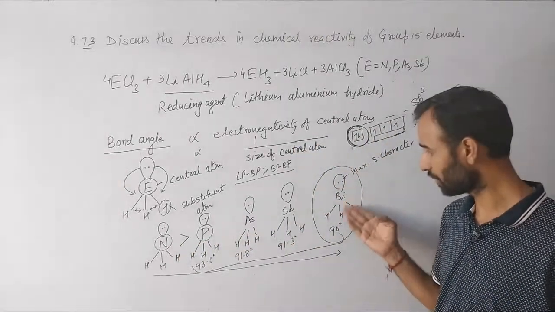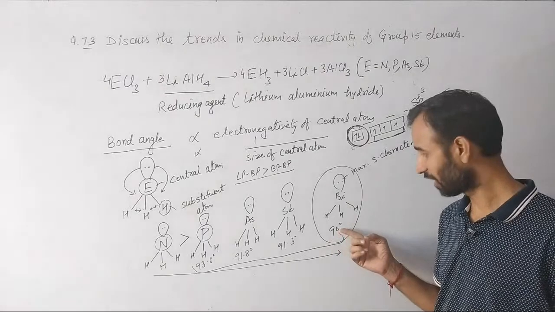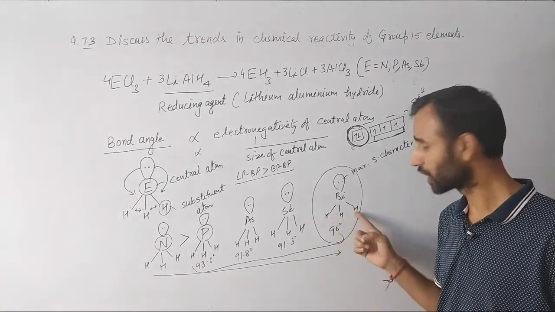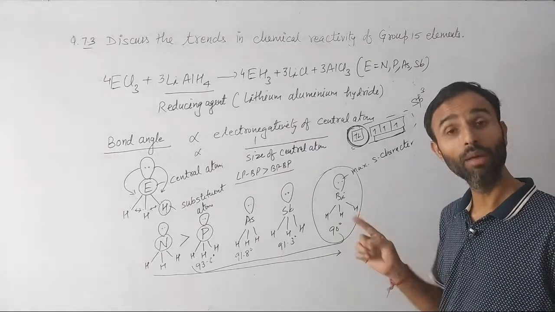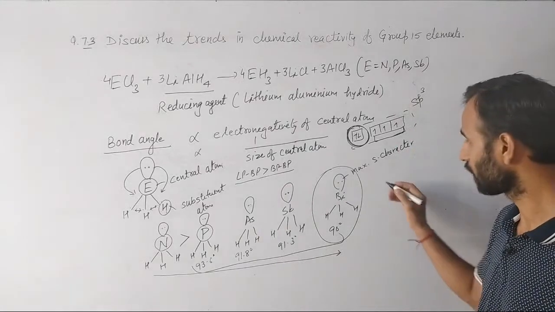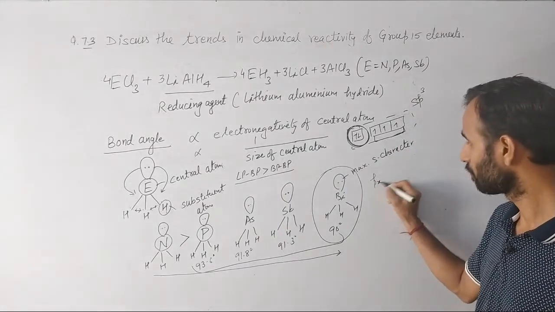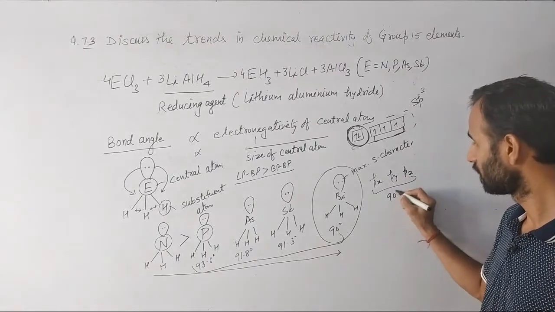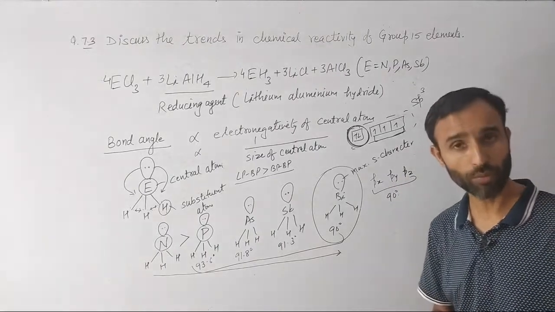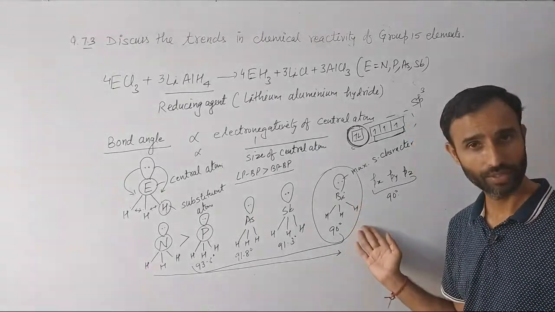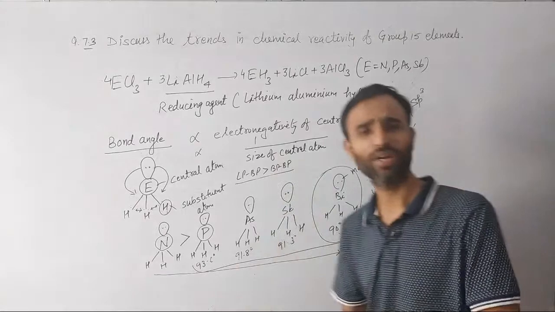So in BiH3 the angle is exactly 90. That means these bonds are formed by pure p orbitals, because between px, py and pz the angle is 90 degree. They are mutually perpendicular to each other. Got it? But we are not going into detail.